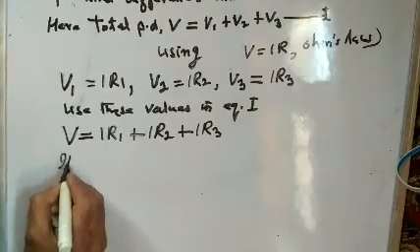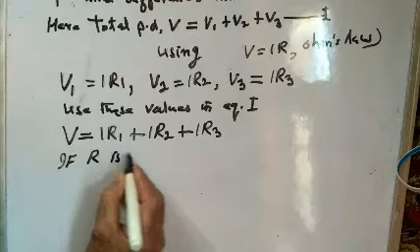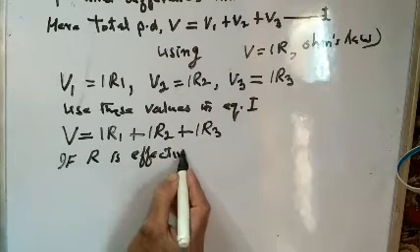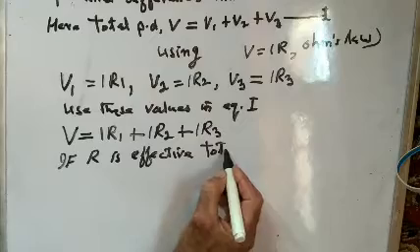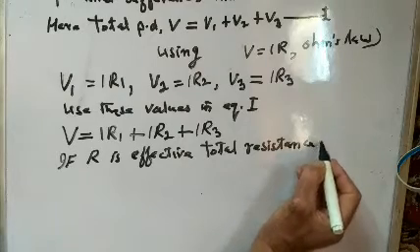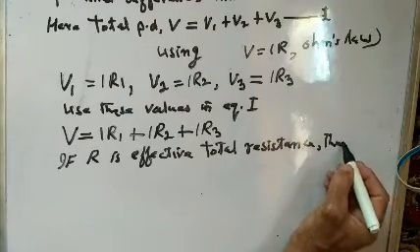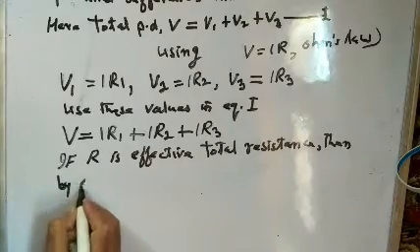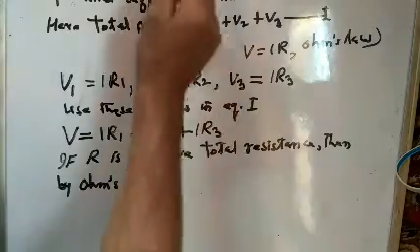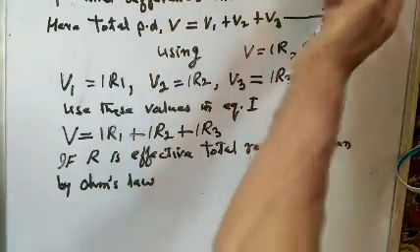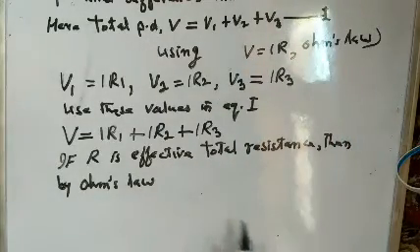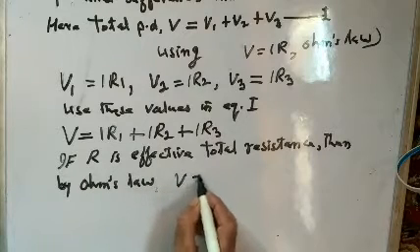If R is the equivalent resistance or total effective resistance, then by Ohm's law, if the total resistance of these three is R, then according to Ohm's law the total potential difference V will be equal to IR.